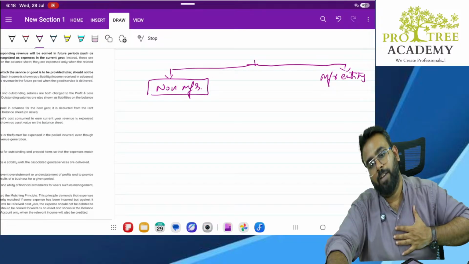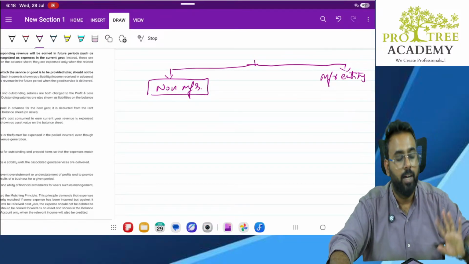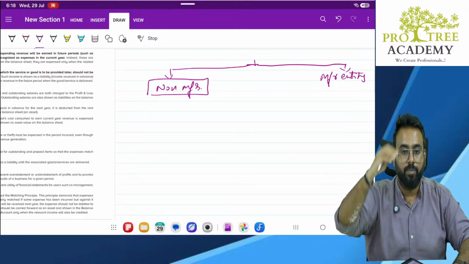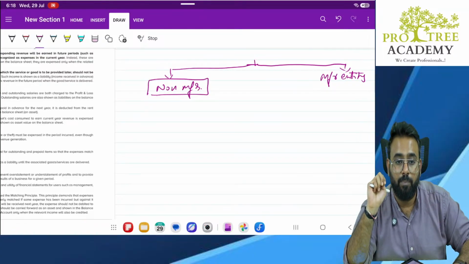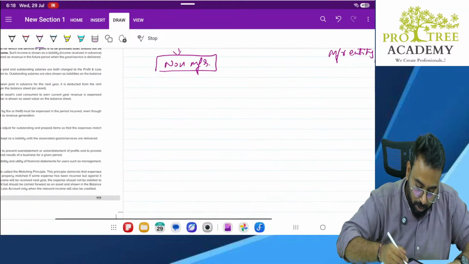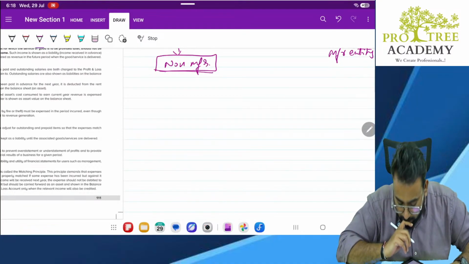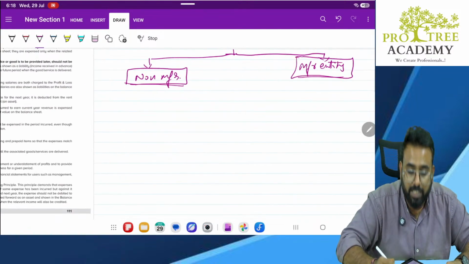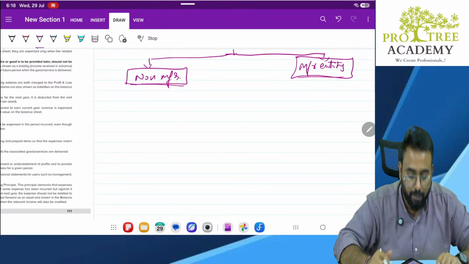I say yes, I can manufacture, but I don't have the money to buy the material. So Tata says, okay, fine, I will give you the material. That time it is manufacturing only, but it becomes job work based manufacturing. So in case of a manufacturing entity, somebody will manufacture or create or develop a product.